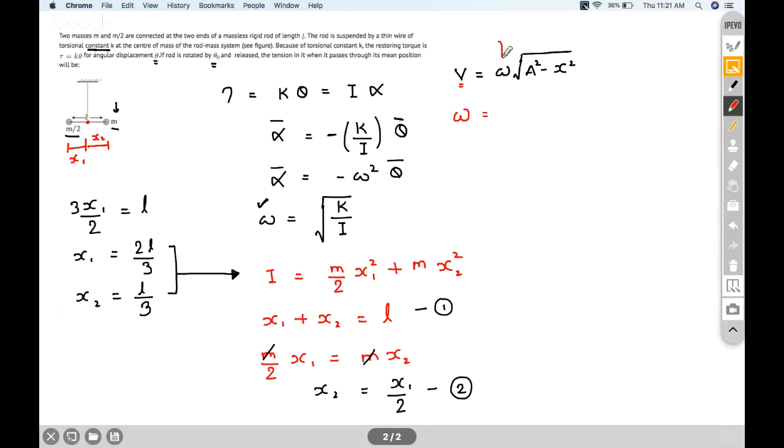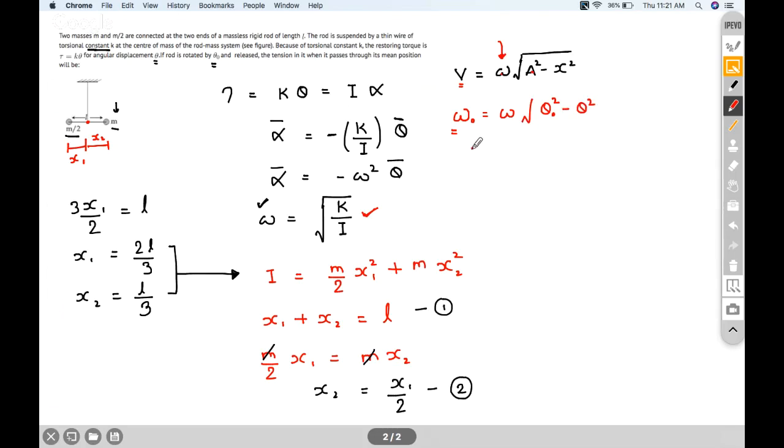Remember, omega is the angular frequency, not angular velocity. Let me write the angular velocity as omega naught, to differentiate it. It will be equal to the angular frequency into the square root of theta naught square minus theta square, where theta naught is the angular amplitude instead of A.